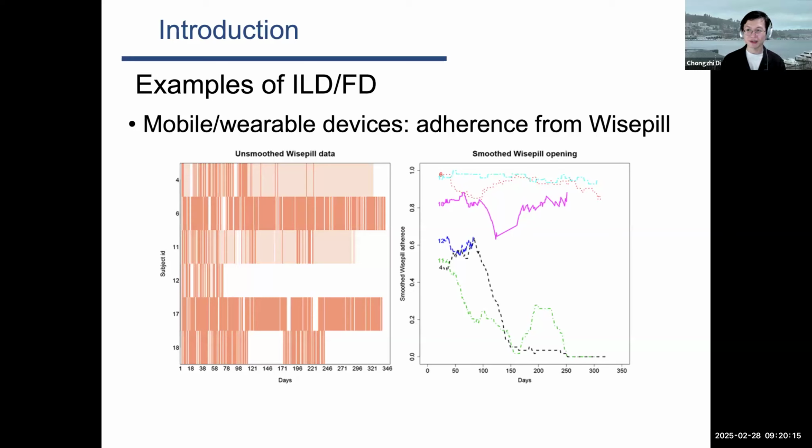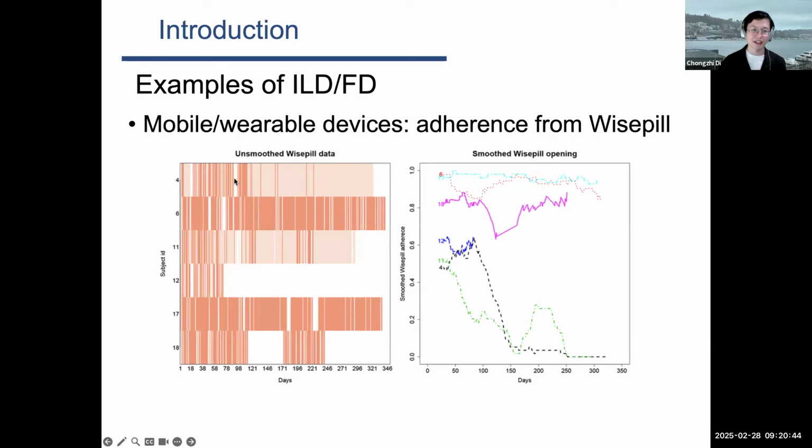If you open the bottle, we receive a signal. So in essence, we know for each person, for example, if we ask them to take pills 2 times per day, from the signal we can tell how many times they have opened the bottle. On the left-hand side, it shows the data we observed for each day. It can be 0, 1, or 2.